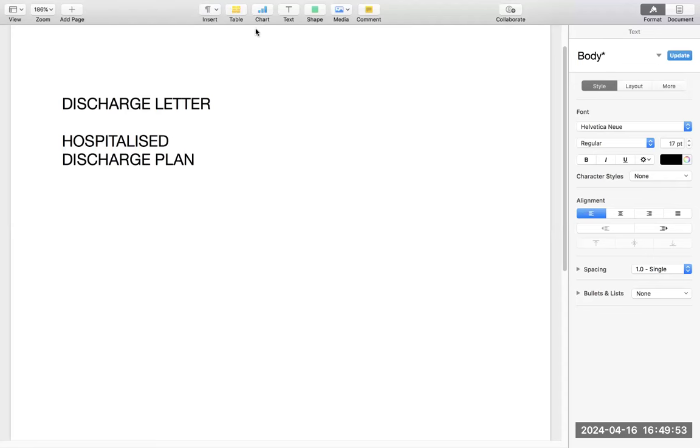So what is the main purpose of these kinds of letters? They are majorly written to make sure that the person who is being written to follows the discharge plan. Suppose I am writing to a community nurse, she has to follow the discharge plan.